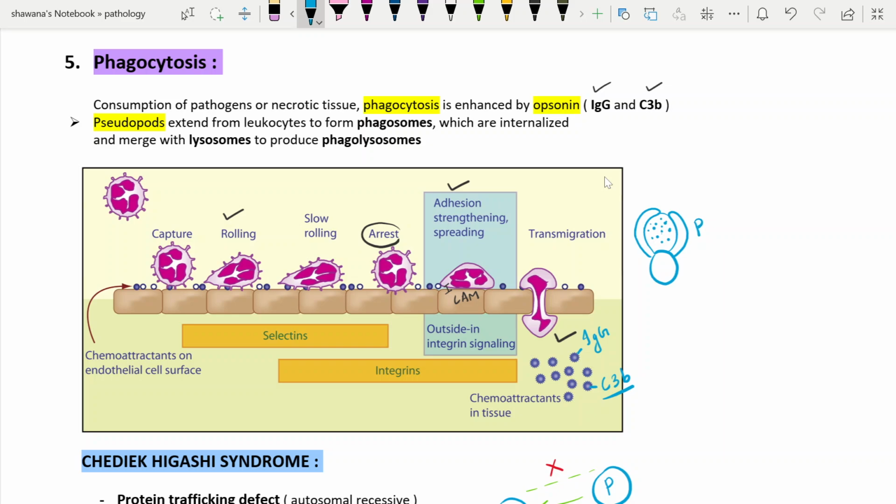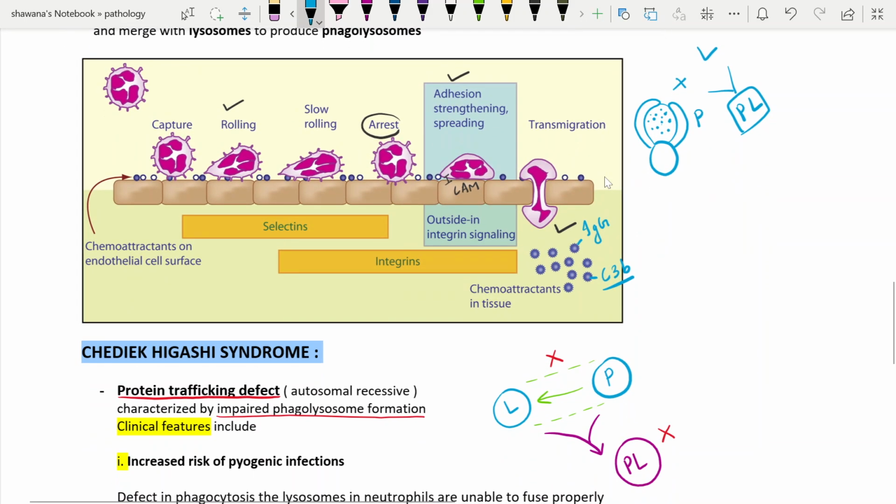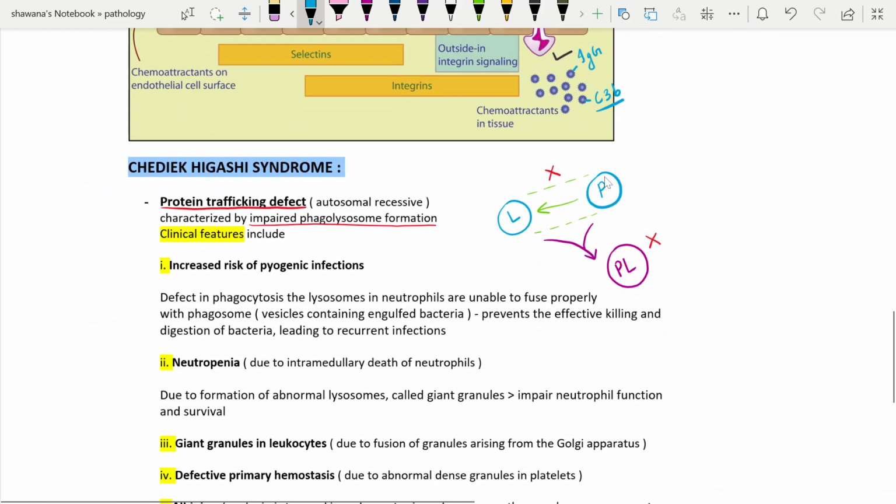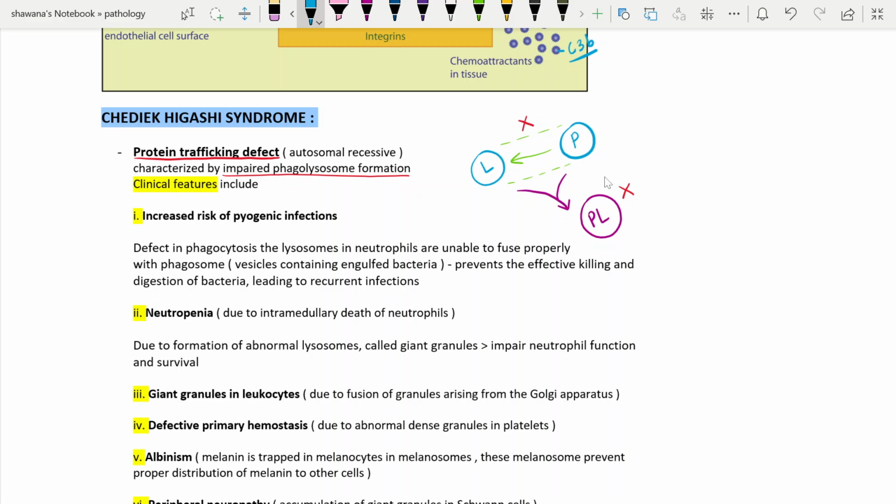The phagosome will combine with the lysosome and form the phagolysosome, and in the lysosome we have the hydrolytic enzymes that will cause the digestion, the hydrolytic process, of that particular debris which has been enclosed in the phagosome.